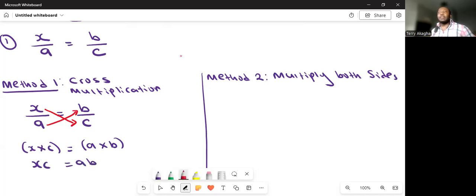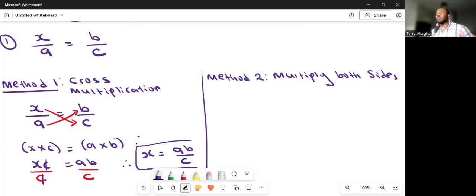And then to get rid of the c, we divide both sides by c. So this will now cancel out. And therefore, x is going to be ab over c.